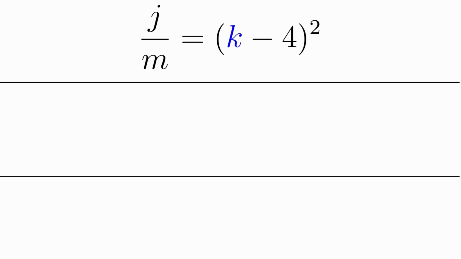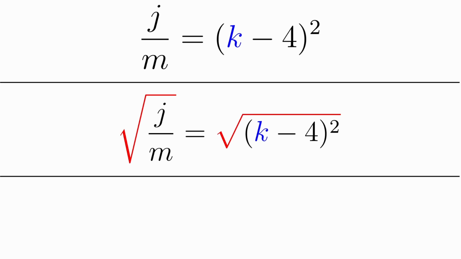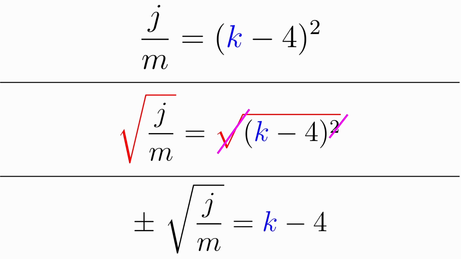Okay, so here I've got a square, and we're going to take the square root of both sides. The square and the square root kind of cancel out, so to speak. But you'll notice I put a plus or minus on that other side. So plus or minus the square root of j over m is equal to k minus 4.